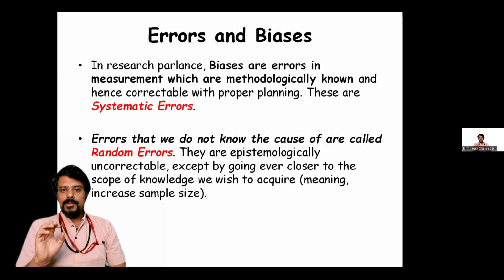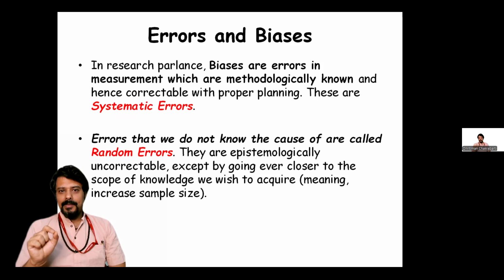Meaning that suppose you are trying to measure some specific variable about some specific thing that you are studying. Okay. To do that, you are using a certain instrument. Now, suppose that instrument's calibration is wrong. Okay. So if you correct the calibration of that instrument, the errors in your measurement will go away. Right.